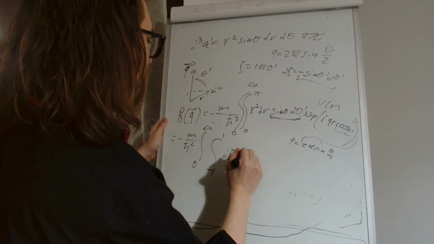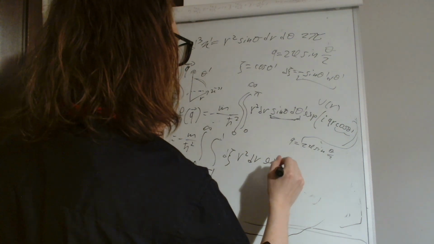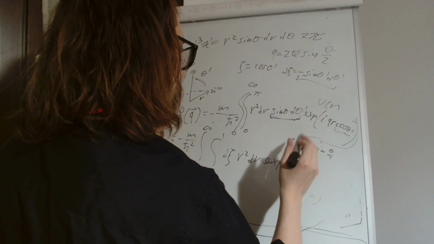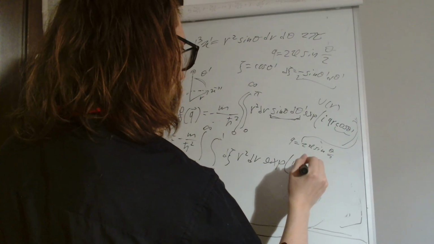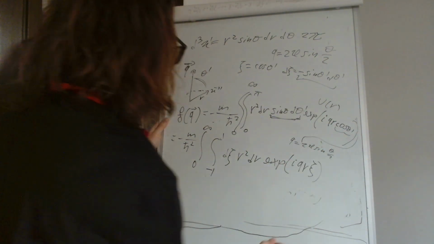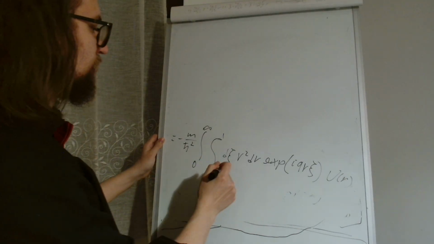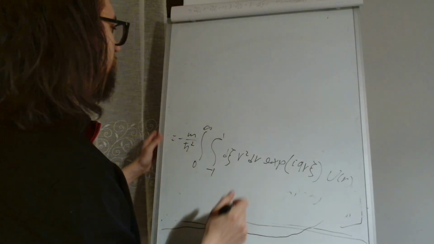Now we have r squared dr exponential of i q r xi u of r. So now we can do the integral in dx.